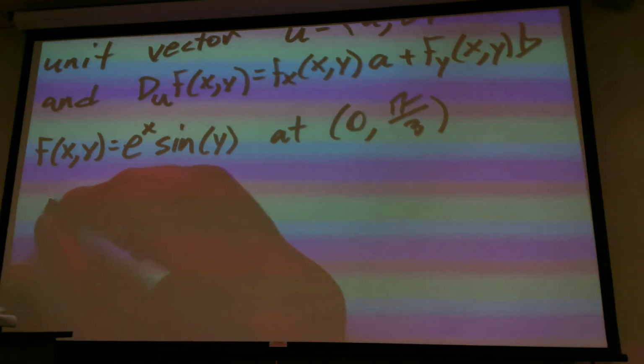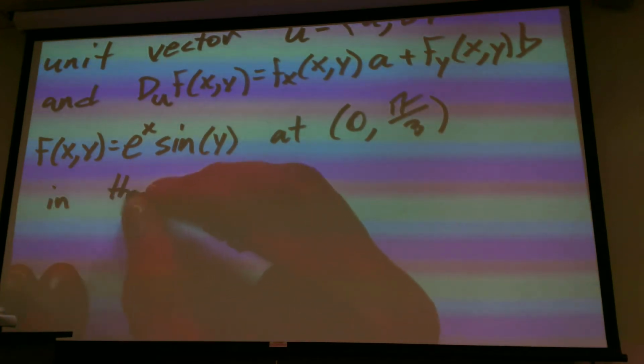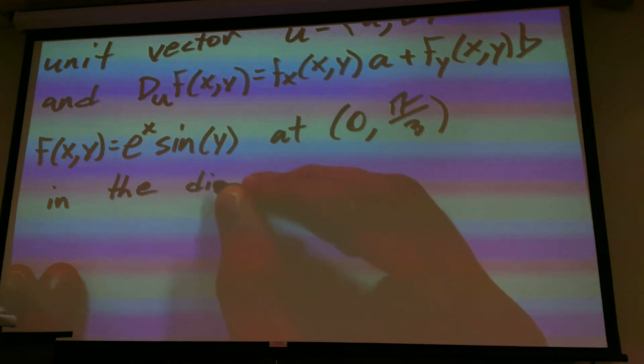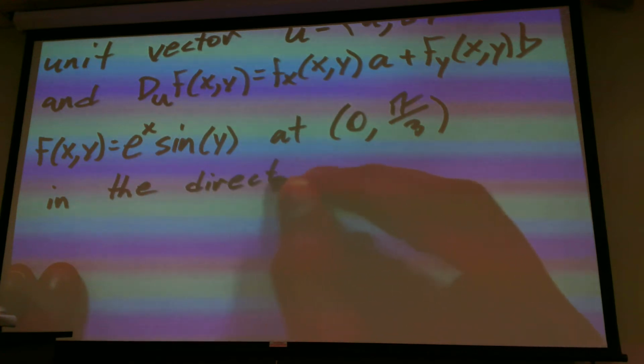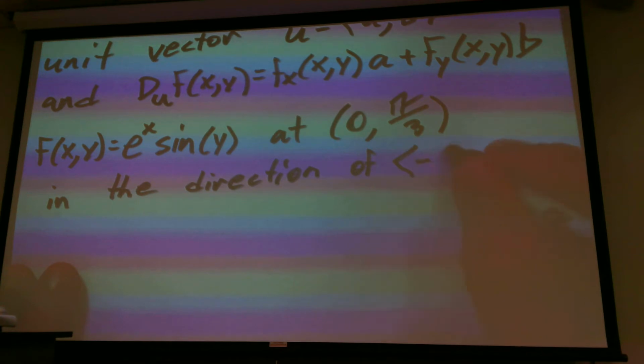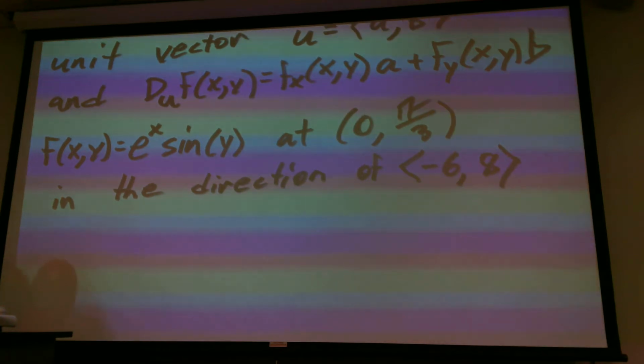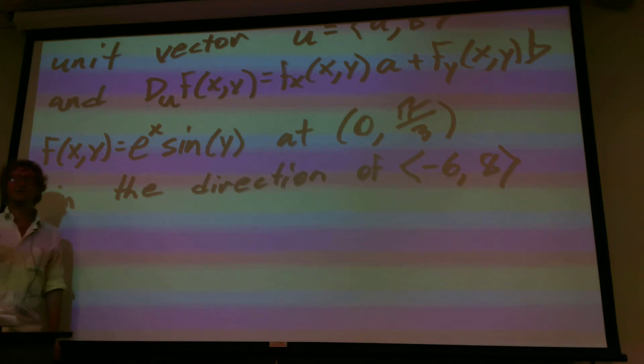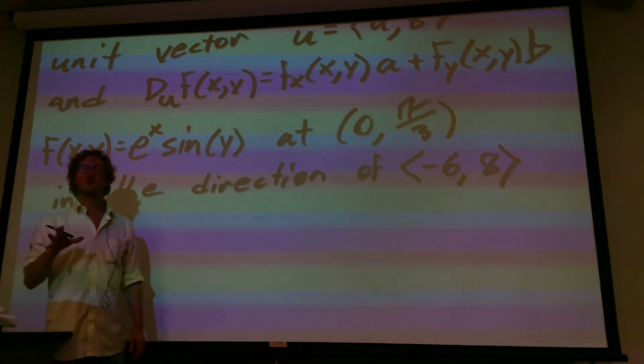Let's find it in the direction of the vector ⟨-6, 8⟩. So the first thing we need to do is find the partial derivatives and evaluate the partial derivatives at that point.